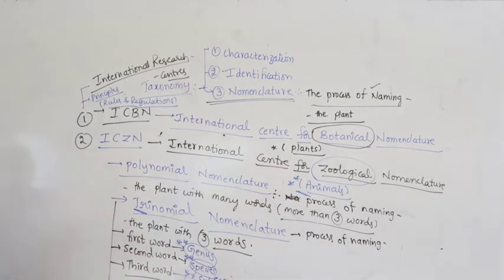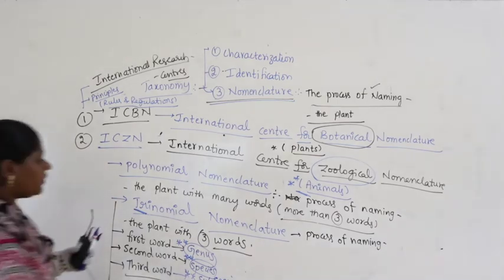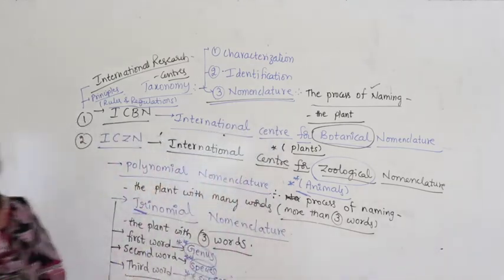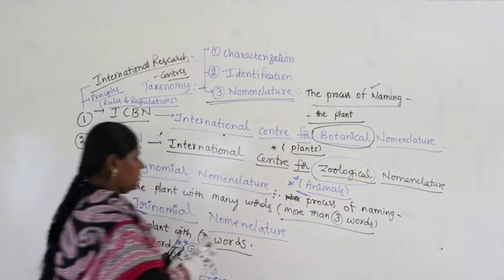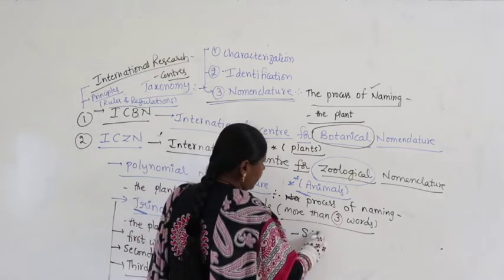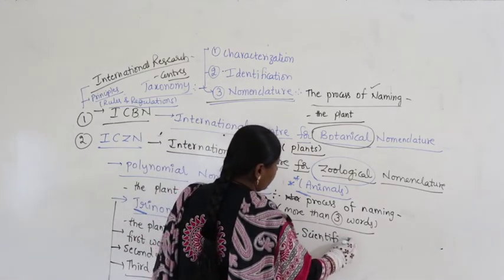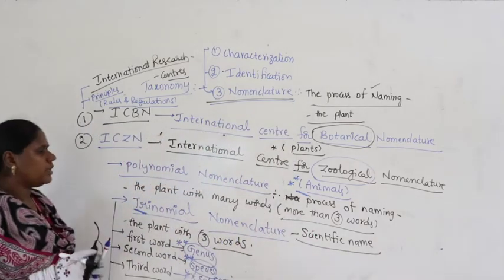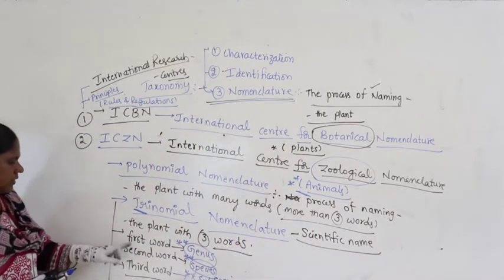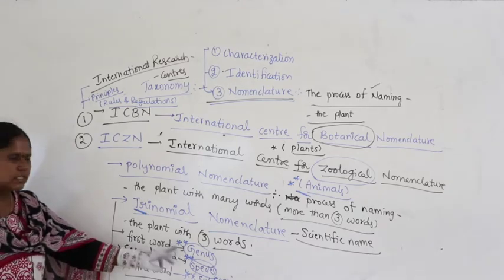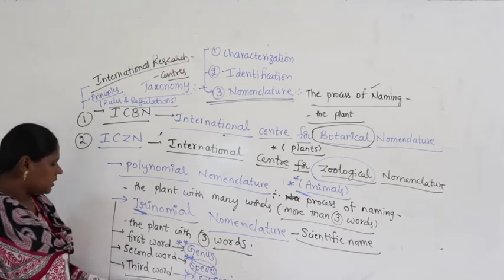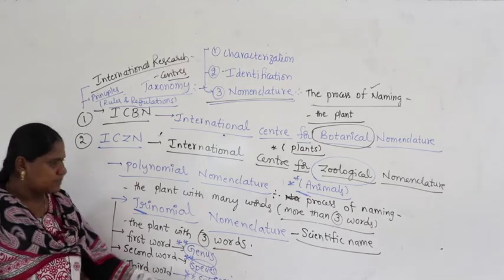Okay. So now let us see what are the things which we take into consideration here. That means here the scientific name of the plant or the scientific name of the animal must include the 3 words. The first word itself is called genus, the second word itself is called species, and the third word itself is called a subspecies.